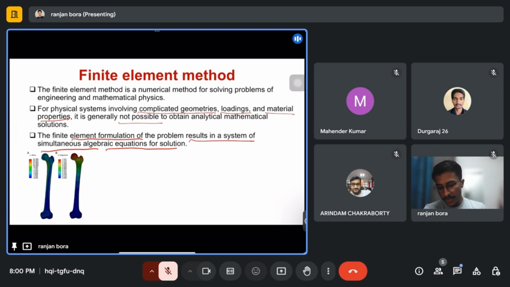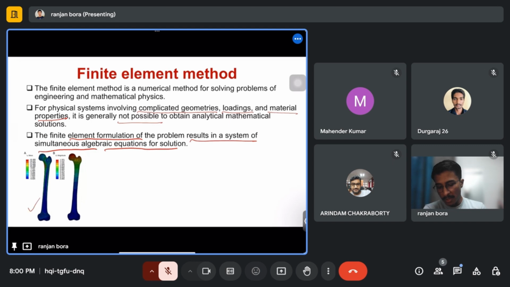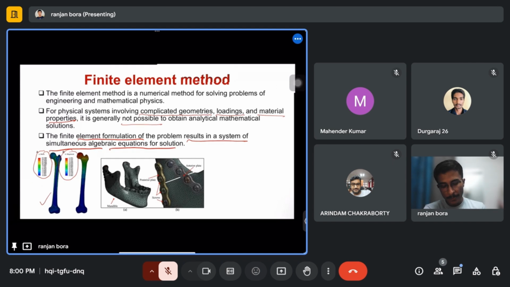In this plot you can see this is a femur bone, this is the stress distribution in a femur bone, and this is the displacement, meaning the deformation in a femur bone. And this is a mandible.